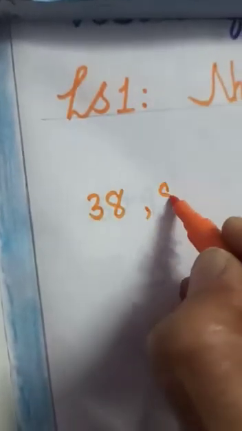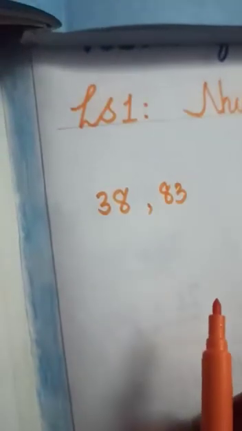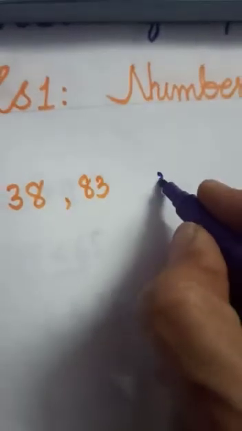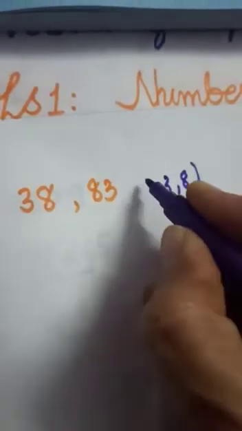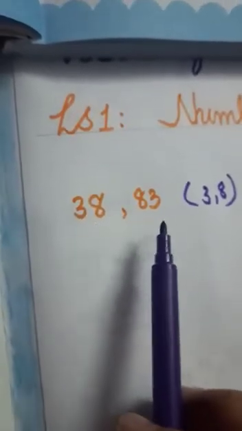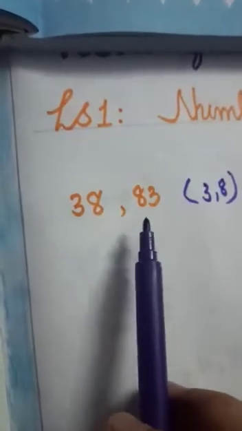Children, see here. Here we have the number 38 and 83. They are made up of the same digits 3 and 8. But are both numbers the same?